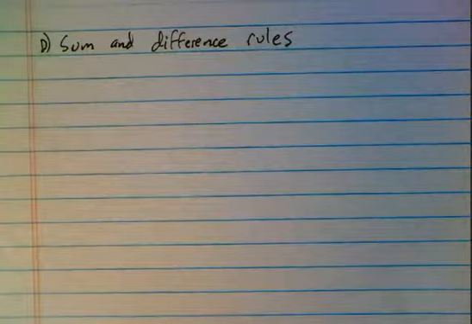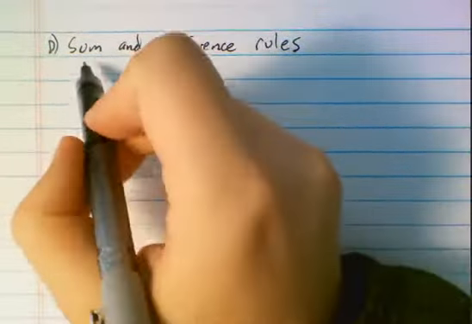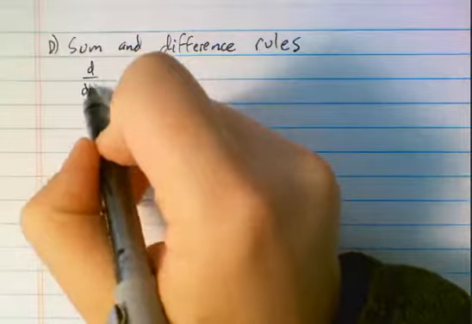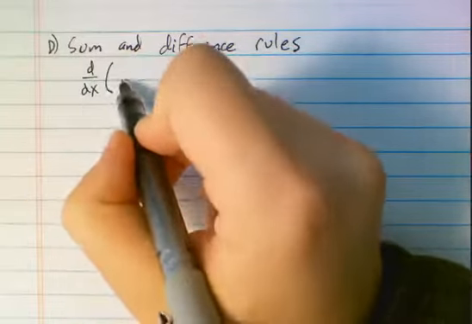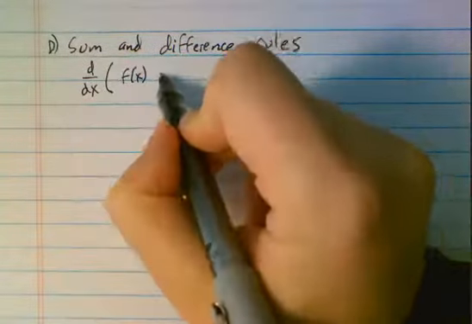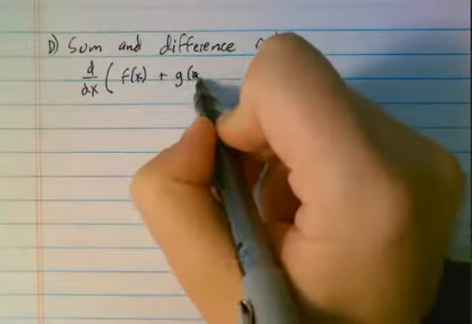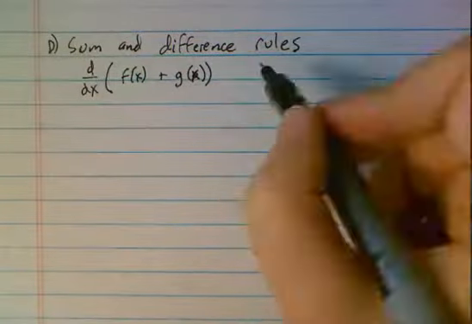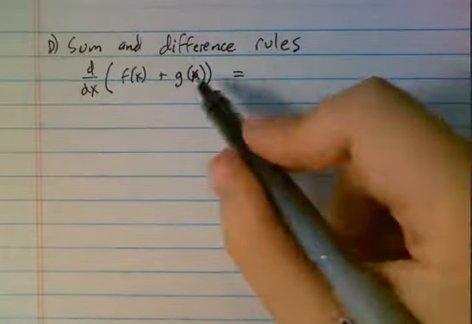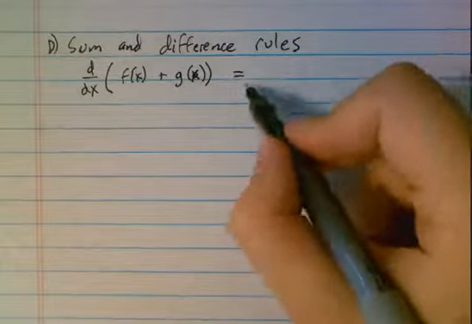They're just saying things are along for the ride. So if we have two functions that are added together, and we're told to take the derivative of them, let's say we have some function f of x plus g of x. All that this rule says is that we take the derivative separately.